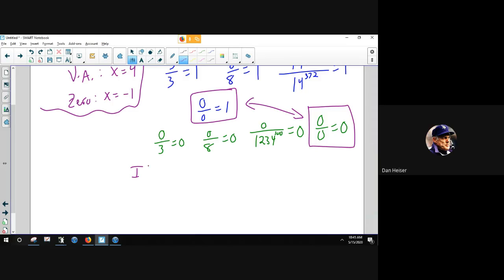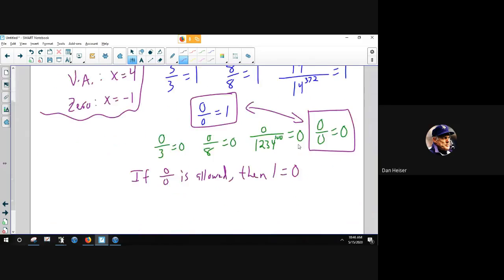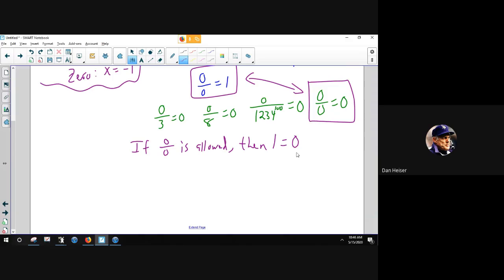If 0 over 0 is allowed, then 1 gets to equal 0. And we don't want 1 to equal 0 ever. That's why this is bad. Worse than bad. It's bad squared. It's terrible.